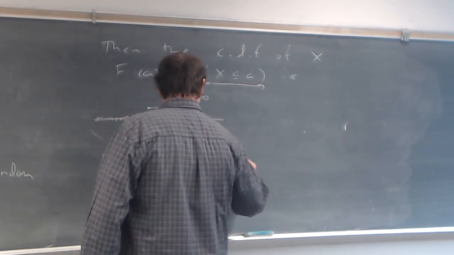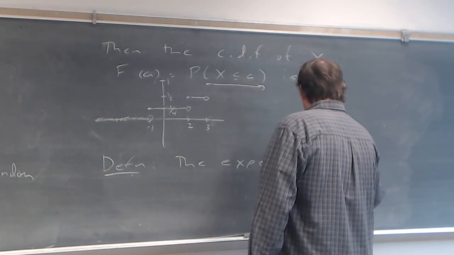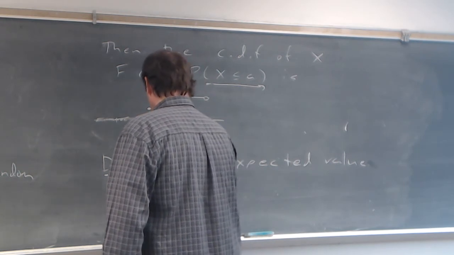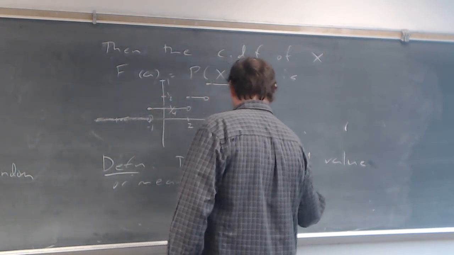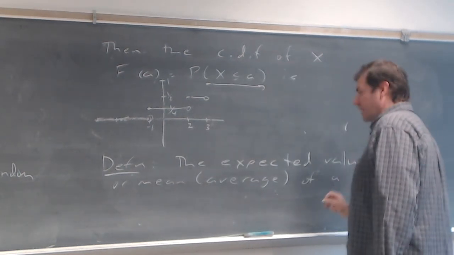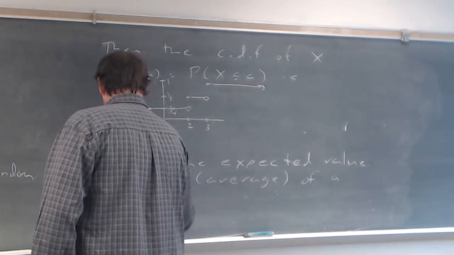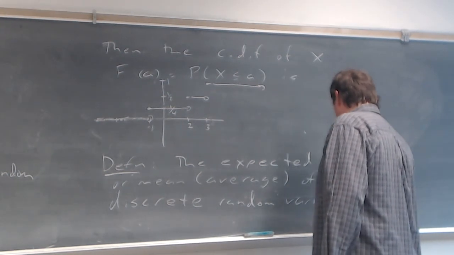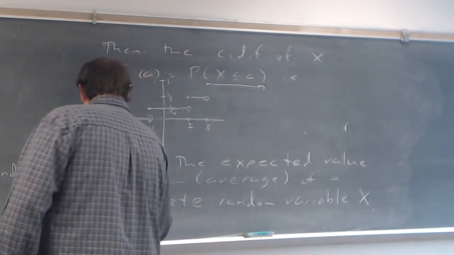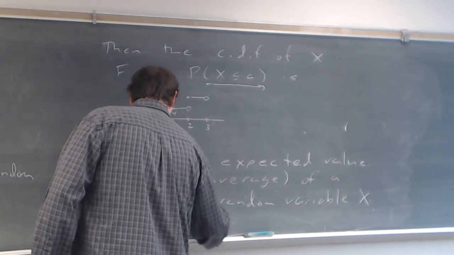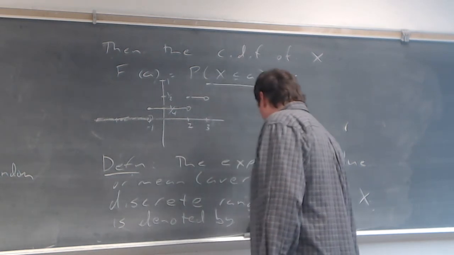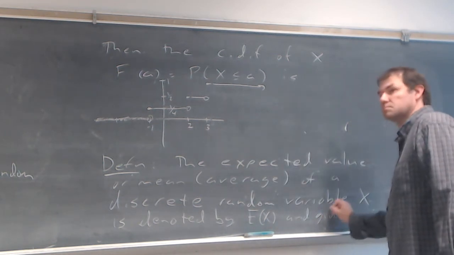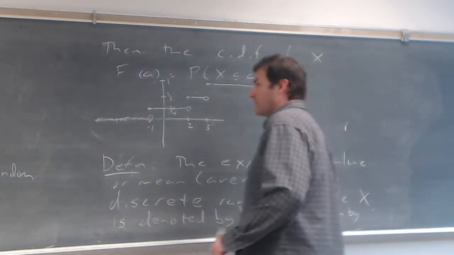So the expected value, or mean, really that means average, of a discrete random variable X is denoted by E of X and given by... so I don't have that room.